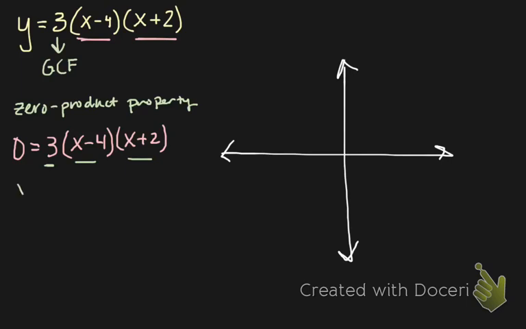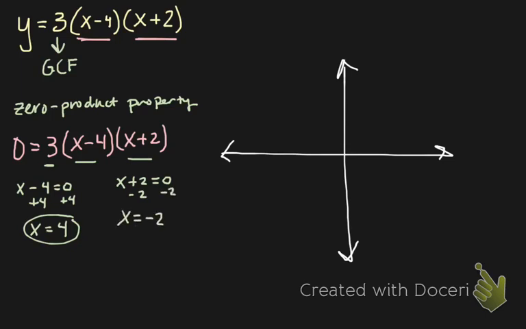So we're going to set up two equations, x minus 4 equals 0 and x plus 2 equals 0, and solve for x. So over here we can add 4 to both sides, so x equals positive 4, and we're going to subtract 2 from both sides over here, so x equals negative 2. All right, these guys are going to represent our x-intercepts.